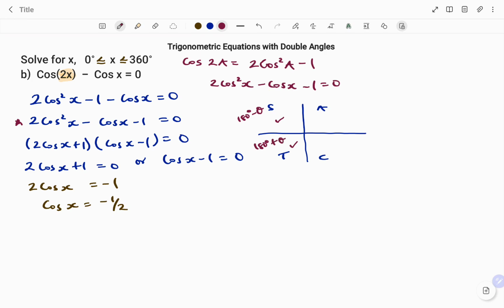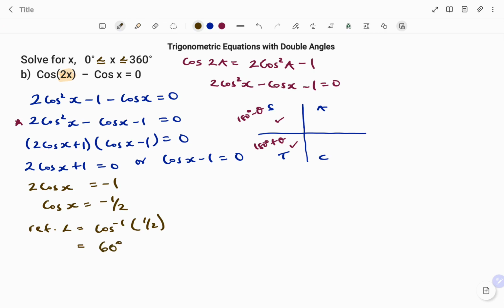So therefore, to find my reference angle, it equals arc cos of, I'm going to ignore the negative sign, so that'll be arc cos of half. And arc cos of half will be 60 degrees.